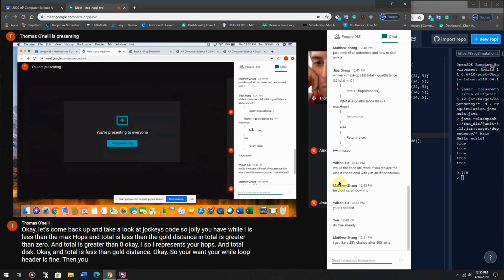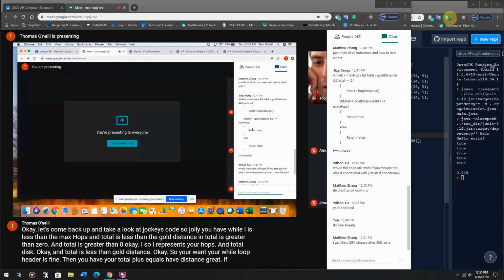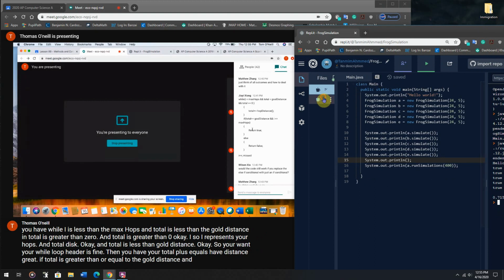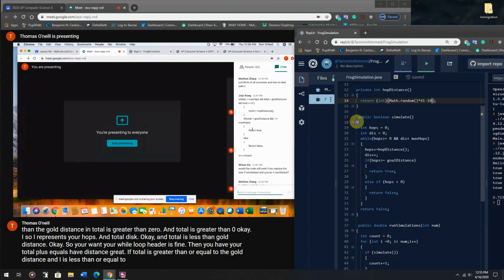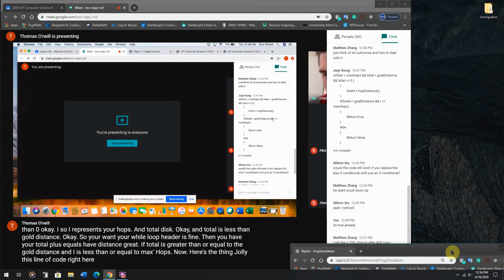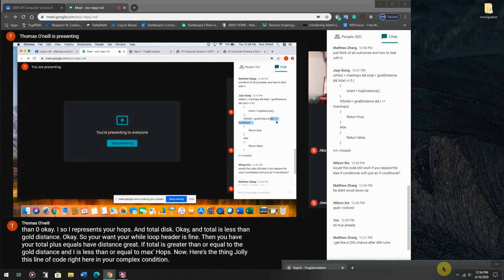Then you have your total plus equals hop distance, great. If total is greater than or equal to the goal distance, and i is less than or equal to max hops. Now, here's the thing, Jia-Yi. This line of code right here in your complex condition is extraneous, meaning it's extra.